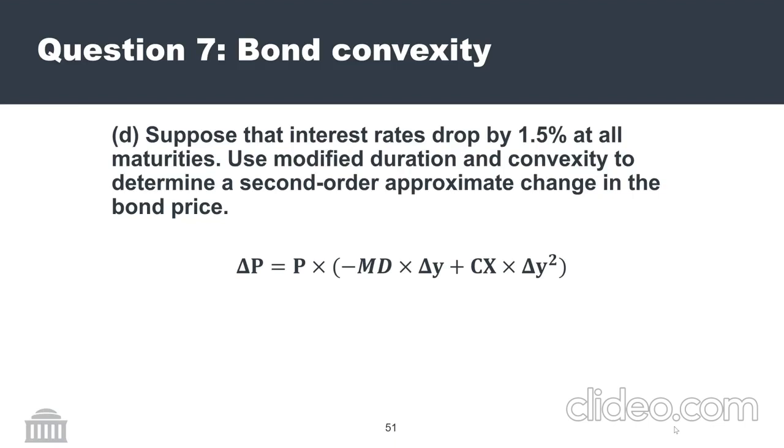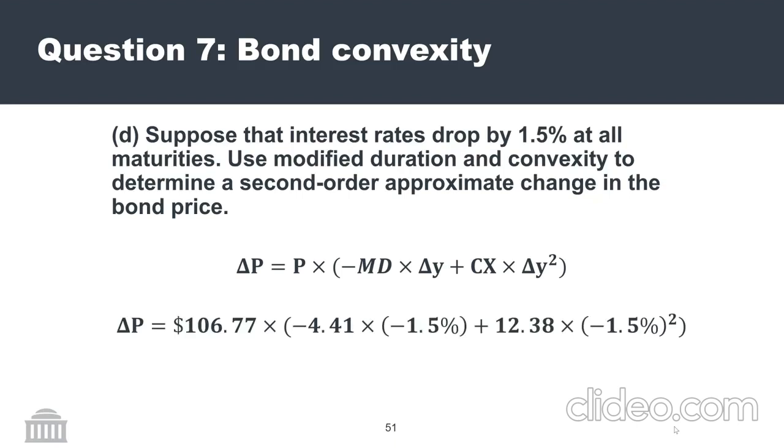So let's plug in the numbers that we have for the price, for the modified duration, and for the convexity of this bond. So the price is 106.77. The modified duration is 4.41. The YTM again drops by 1.5%. The convexity that we computed in part B of this question is 12.38 multiplied by 1.5% squared.